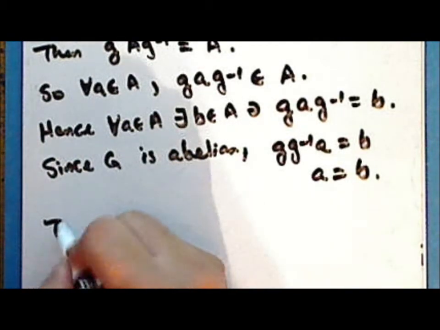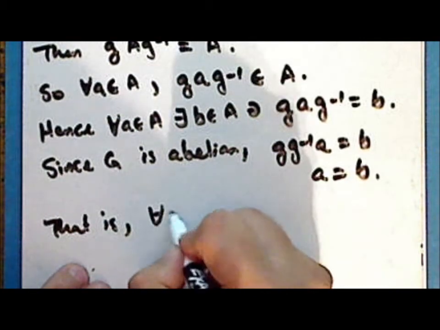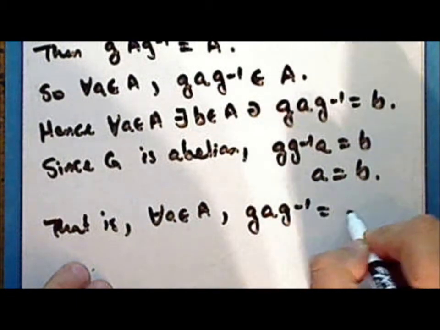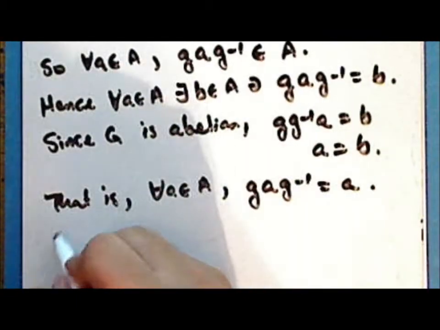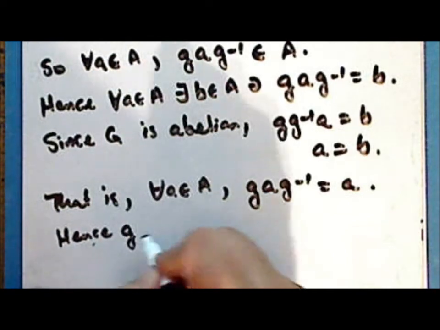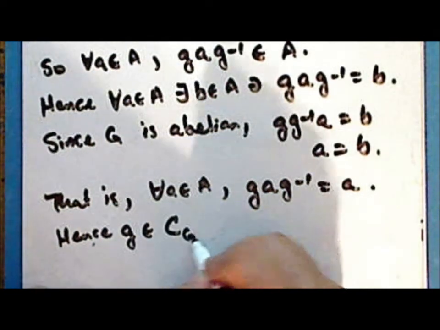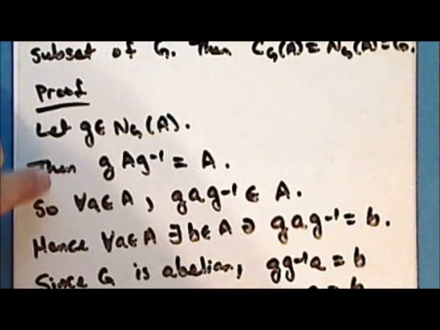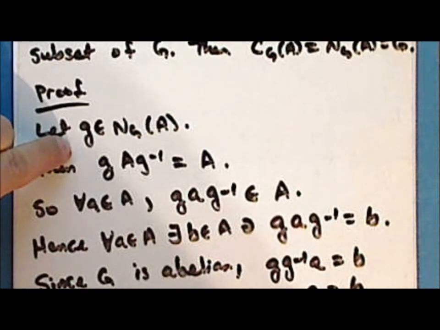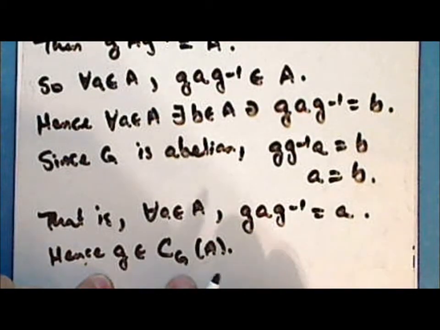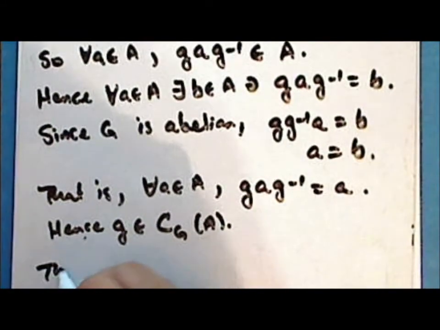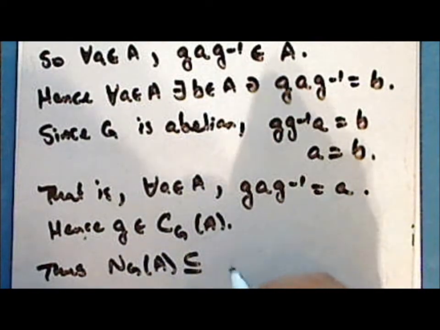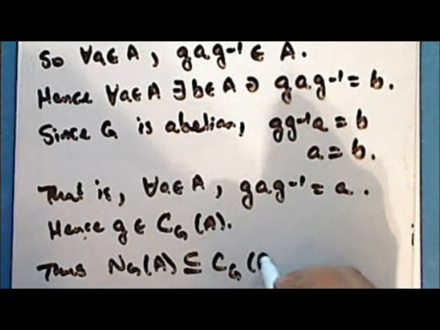And that is, for every element a in the set A, the product g times g inverse is equal to a, and hence the element g is in the centralizer of A in G. And since, given an element in the normalizer, this implies that that element is in the centralizer, we have that the normalizer of A in G is a subset of the centralizer of A in G.